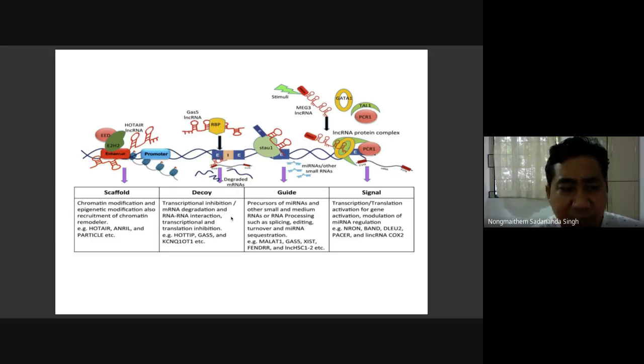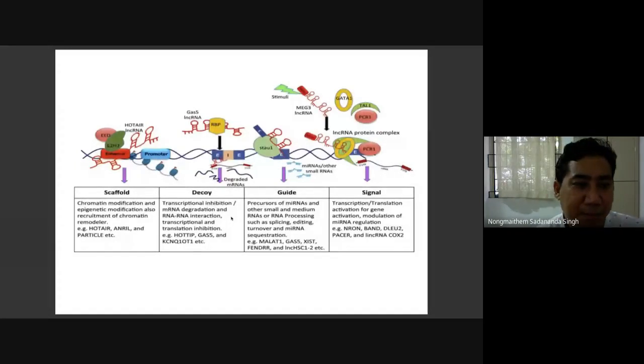When people look into the long non-coding RNA's function, it can broadly fall into three types of functions. One is that it modifies the chromatin structure, either by recruiting transcriptional activation proteins or RNA-binding proteins, or mostly by changing the epigenetic pattern of the particular locus.